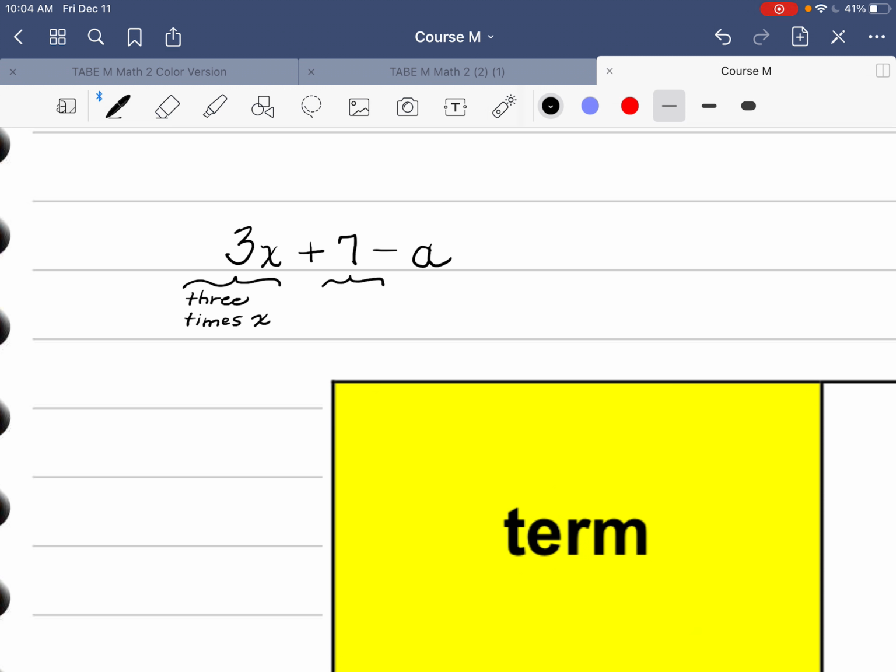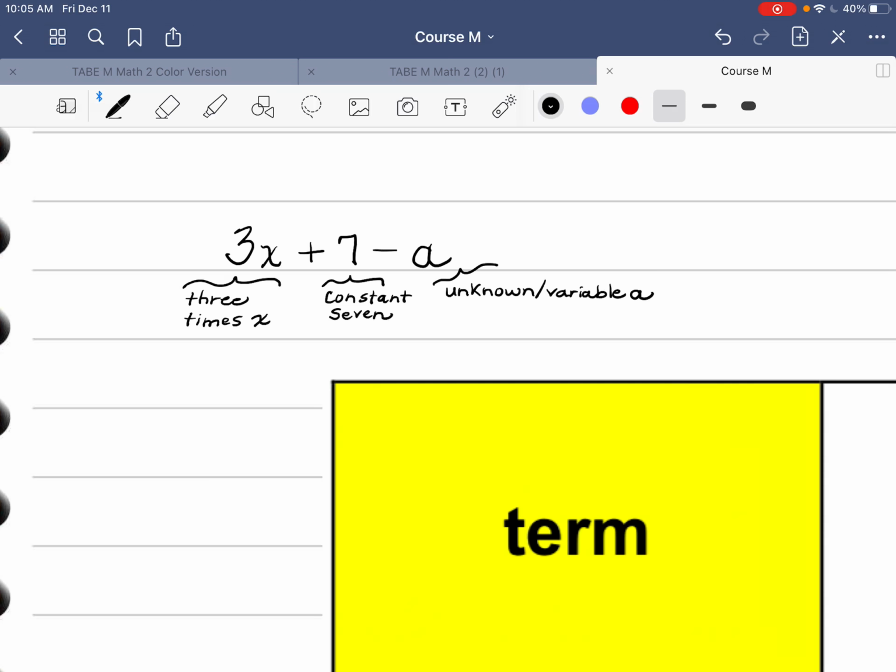Here is a constant term. It's a constant 7. And then out here is an a term. This is an unknown, which means it's variable. We don't know what a is.